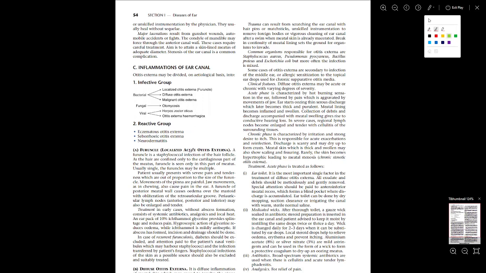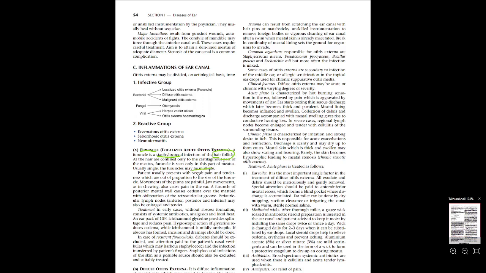So we'll study furuncles first, meaning the infection of the outer ear, acute otitis externa. Basically, it is caused by Staphylococcus, and it attacks the hair follicles, and it is seen on the cartilaginous part of the meatus, and it can be multiple in number.